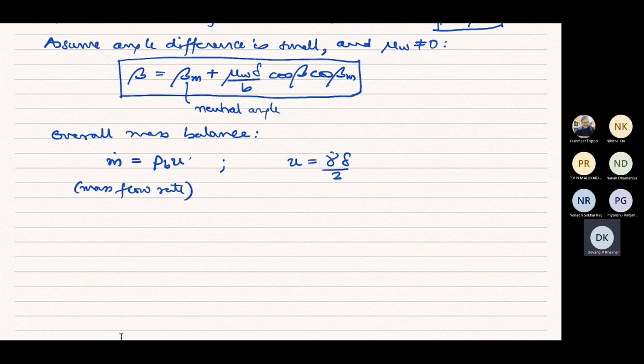So this is U times delta into B. So velocity into the cross-sectional area is delta times B times the density. So this part is the volumetric flow rate, times the bulk density will give you the mass flow rate.